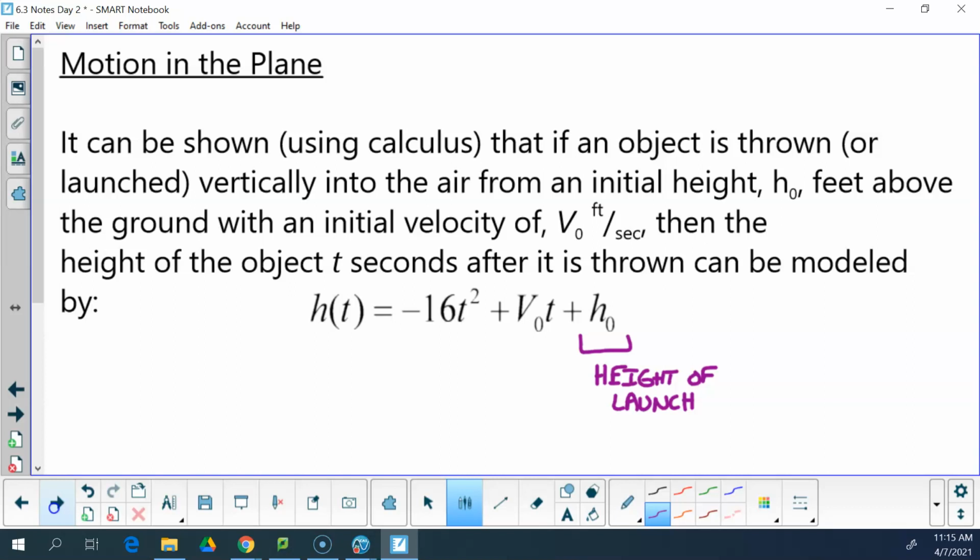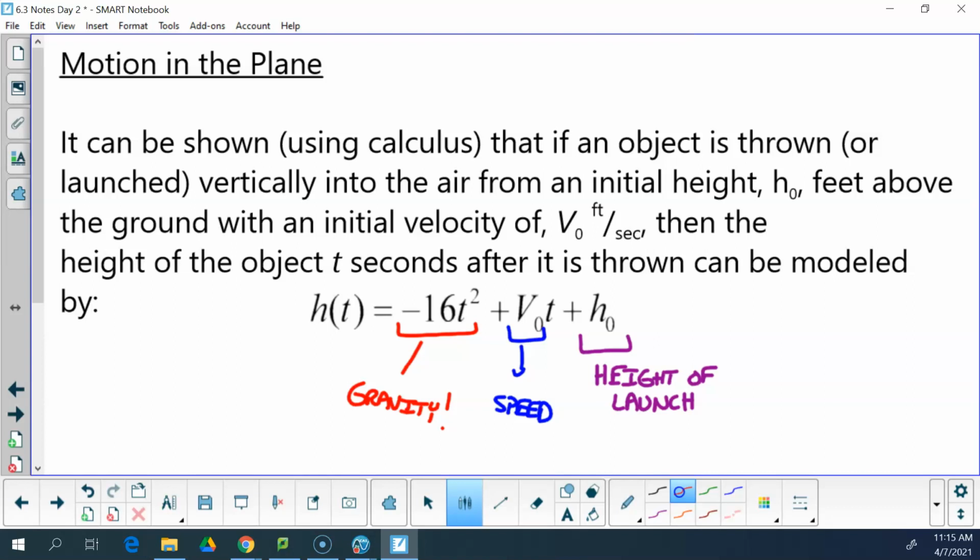With an initial velocity, so that is a speed, because that's a velocity. And then there's this part. And as you probably learned in science somewhere along the line, that's gravity. That's the gravity part.